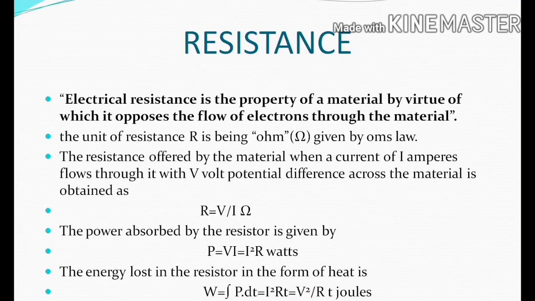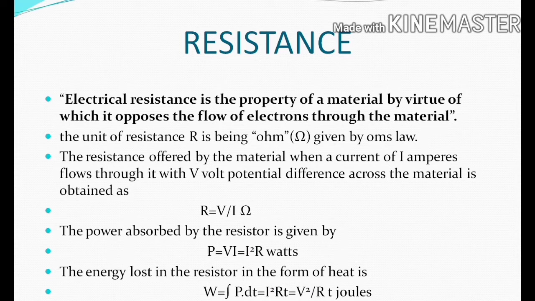Resistor is the element which opposes the flow of electric current through it. That is the basic property of any resistor. It is represented by the symbol capital R, and the unit is ohms.